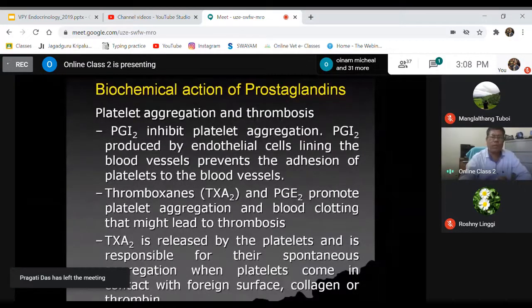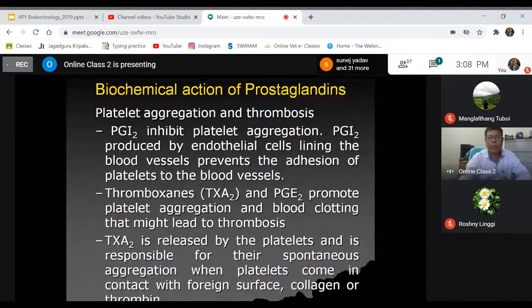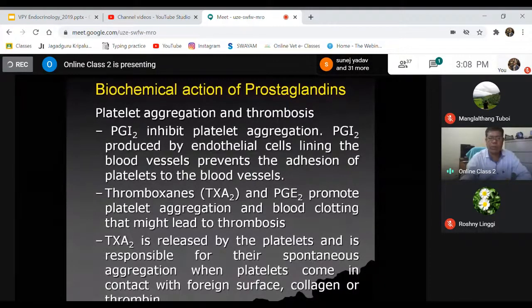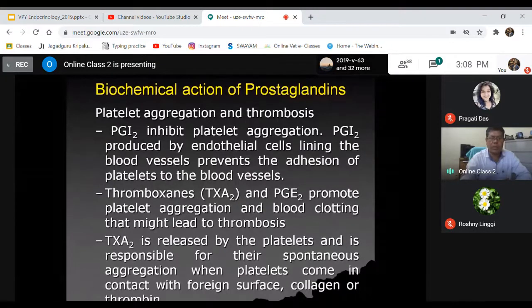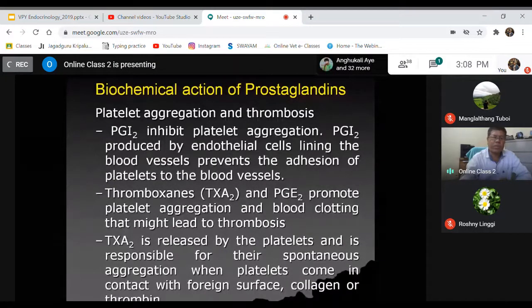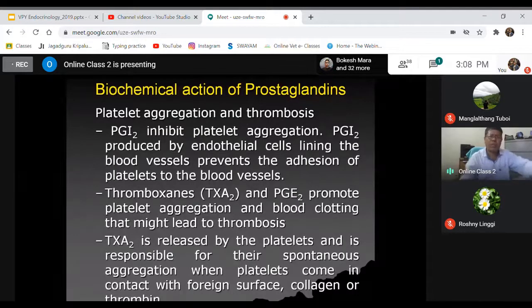Then thromboxanes and PGE2 promote the platelet aggregation and blood clotting that might lead to thrombosis. TXA2 is released by the platelets and is responsible for their spontaneous aggregation when platelets come in contact with a foreign substance, collagen and thrombin. There is nothing much to explain, so I'm not giving the explanation, but you need to remember it. You have to memorize it.